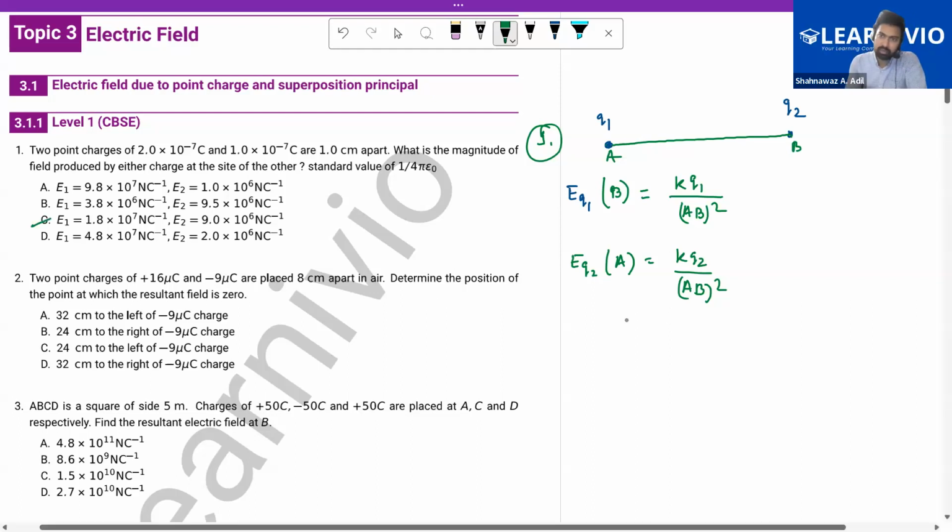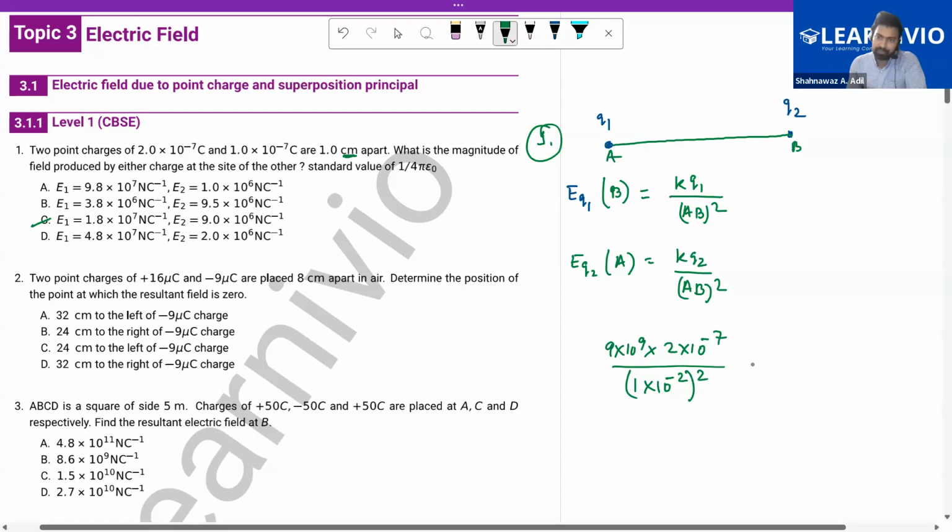So 9 into 10 to the power 9, Q1 is 2 into 10 to the power minus 7, divided by 1 centimeter. This is not in SI units, so 1 into 10 to the power minus 2 and then the square of it.